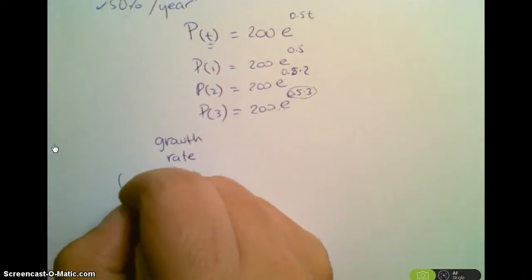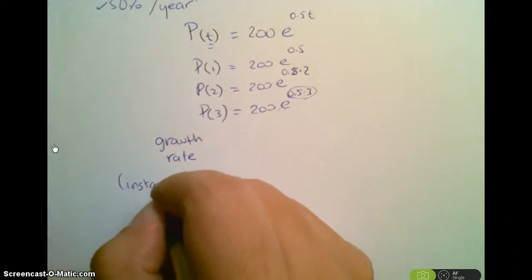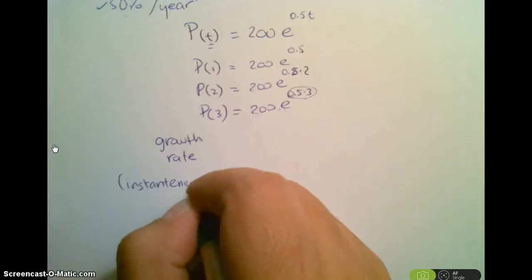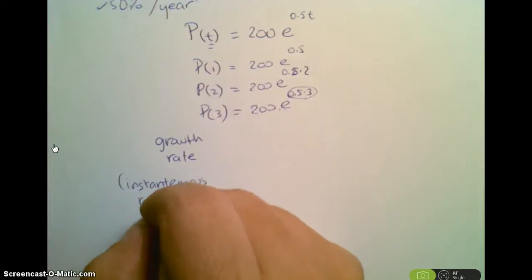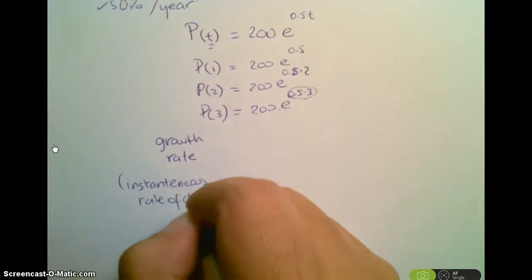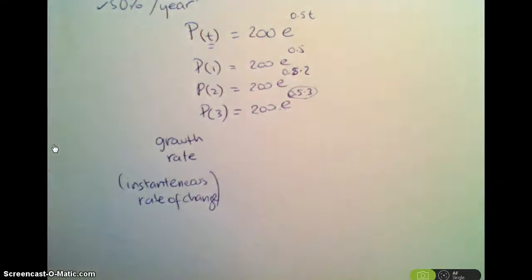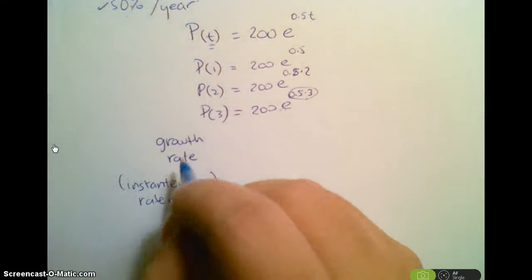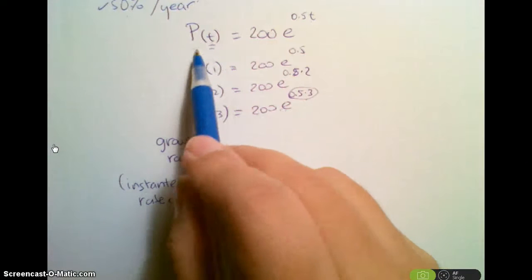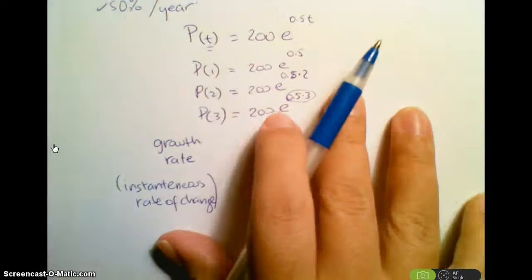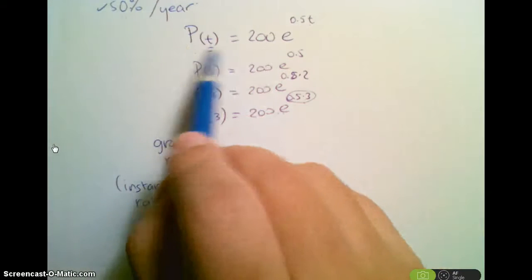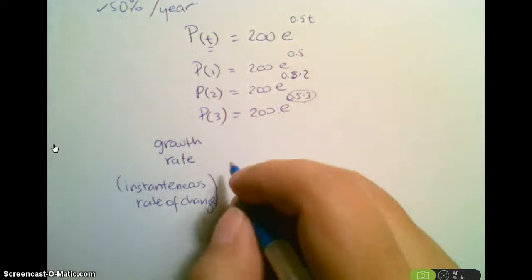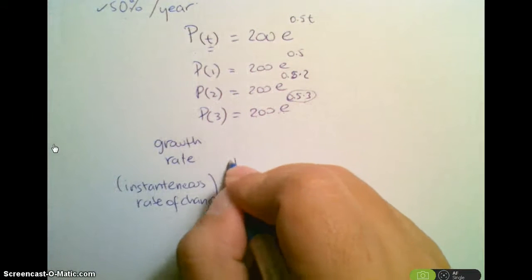Okay, so this is the term for instantaneous rate of change. So to find the instantaneous rate of change, or the growth rate, for this function, I just have to take the derivative, as you know by now.